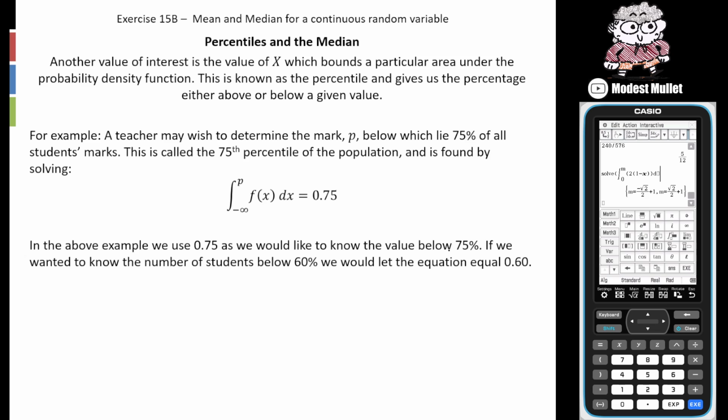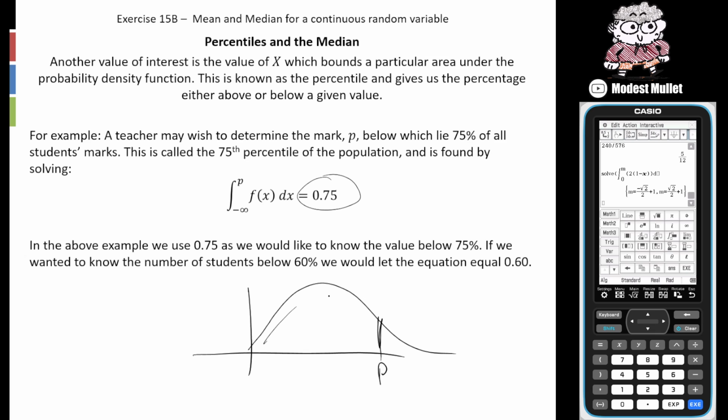Rightio, percentiles. Percentiles are really useful. They're the x value, or if we look at our function, in this case we want to know which value P does 75%.